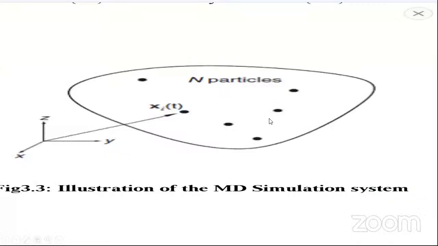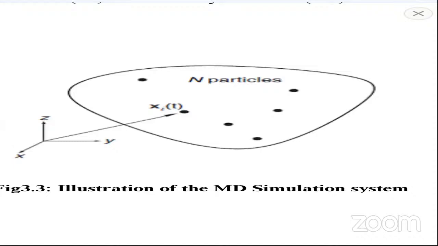So if I have to explain it with the help of this diagram, this is the particle system made up of n particles. These are x, y, z coordinates, and to each and every particle I am going to apply molecular dynamics, that means Newton's equation of motion.